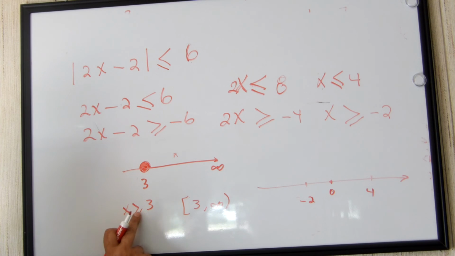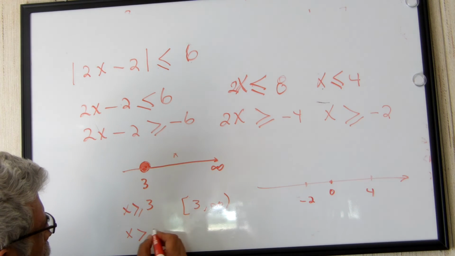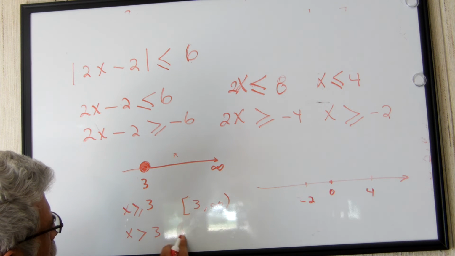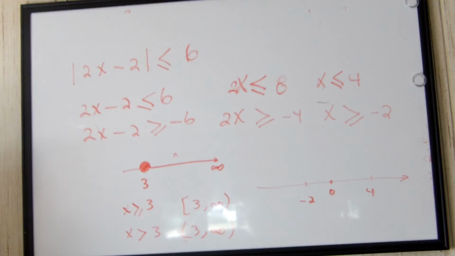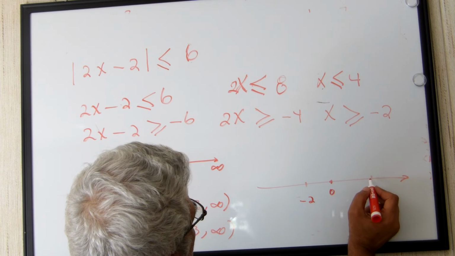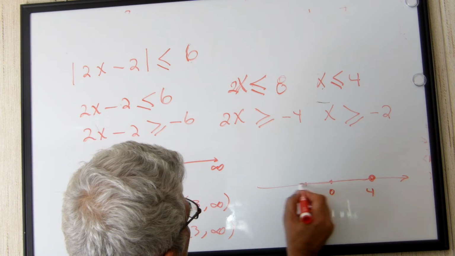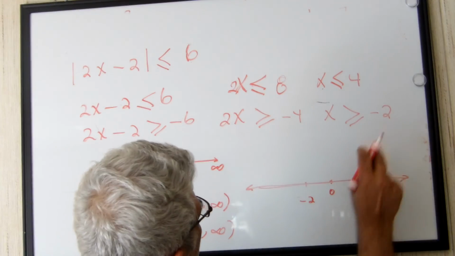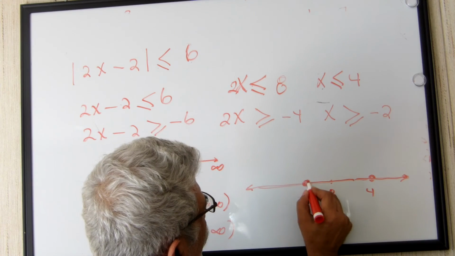We write it like this, but if it was only x larger than 3, you write 3 to infinity with 3 not included. So here let's write this one: x less than or equal to 4, closed circle. It's going to go from here to here. And x larger than or equal to minus 2, closed.